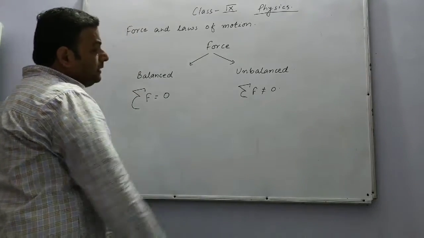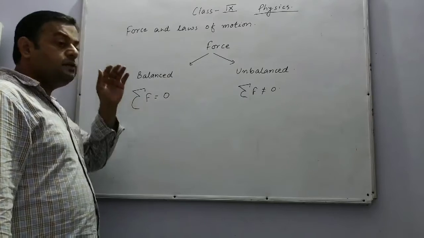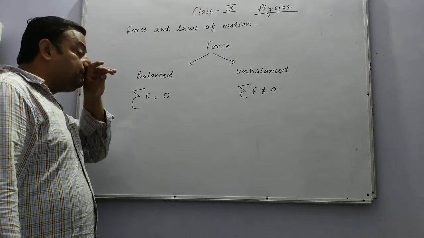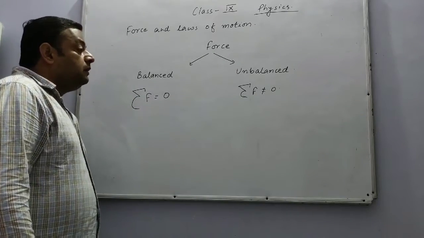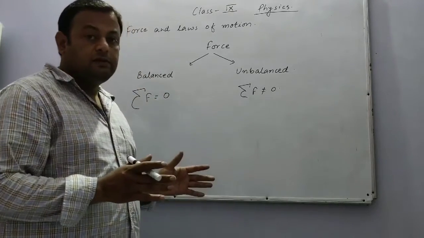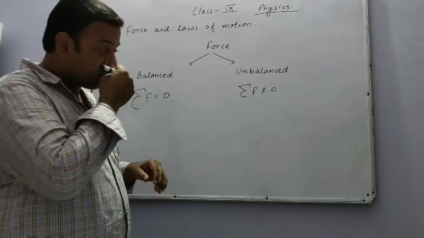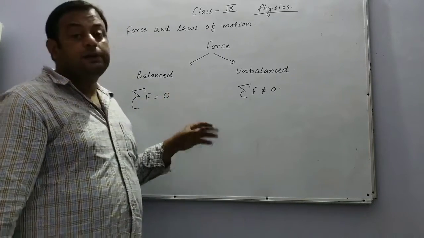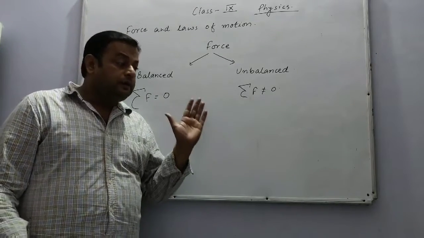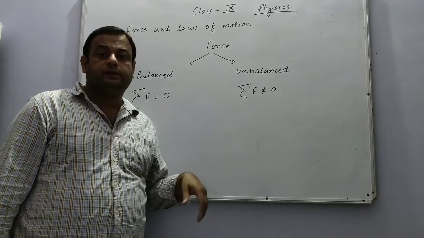Now what can balanced and unbalanced forces do? Let us take the case of balanced forces first. It helps the object to remain at rest in the stationary position where it has been kept or placed, or if the object is moving, then it allows the object to move with a uniform velocity.